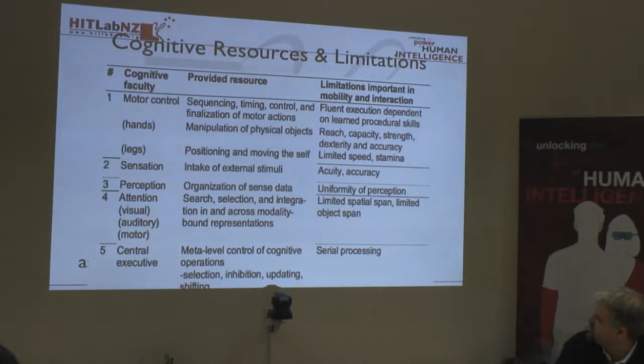For example, if you're walking, you might need some motor control, using your hands or legs, and then you need different resources: some way to manipulate physical objects or position the person, sequencing, timing, control. If you're trying to get someone's attention using visual or auditory cues, then you need to be able to do some searching or selection as well.